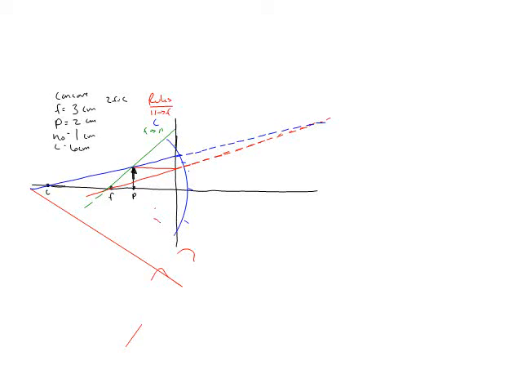Once you've hit the mirror, then you're going to go parallel. All right, so my crossing is a little off. That's okay.